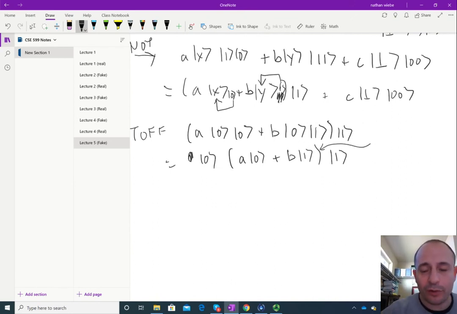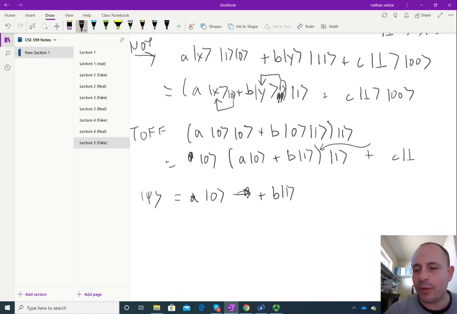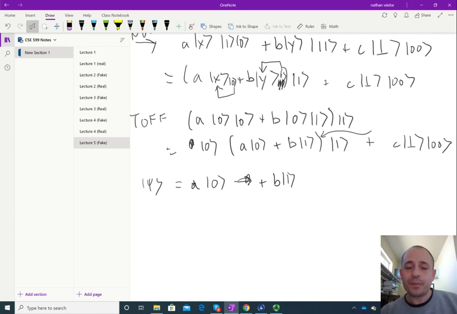So if we want to take psi equals a 0 plus b 1, oh, and I forgot that we also have this state that's orthogonal over here. Now, if we want to do that, then all we have to do is a controlled operation on this flag over here, which tells us whether we're in the subspace spanned by x and y, or in its orthogonal complement.